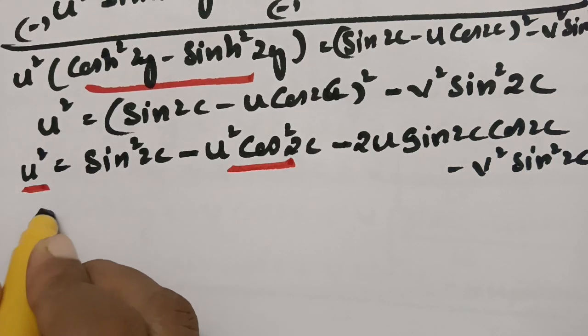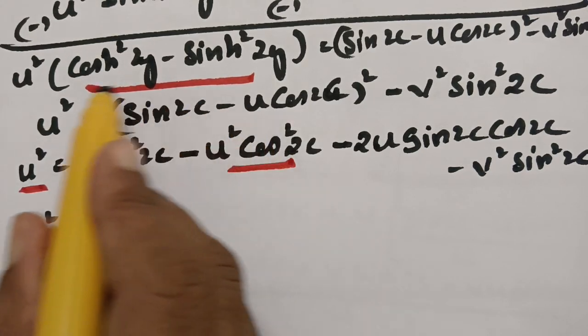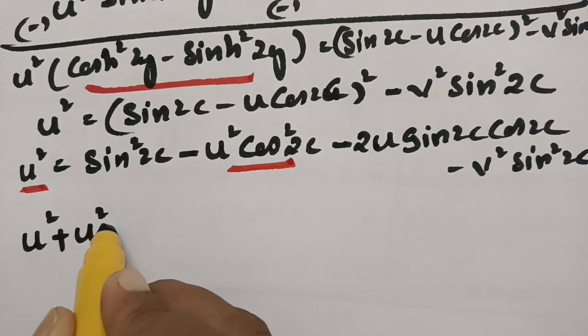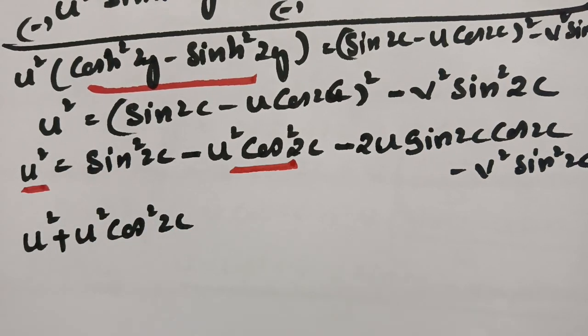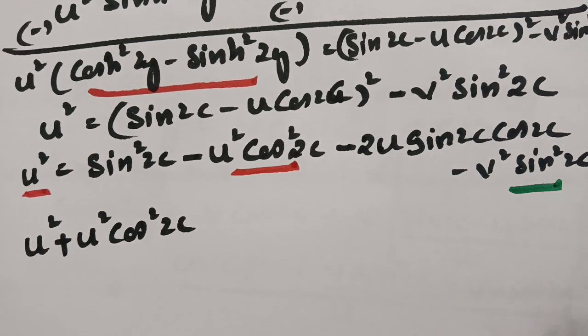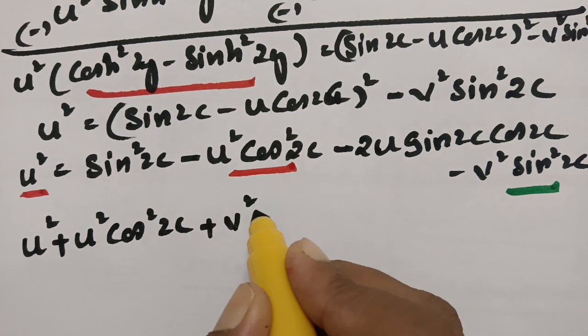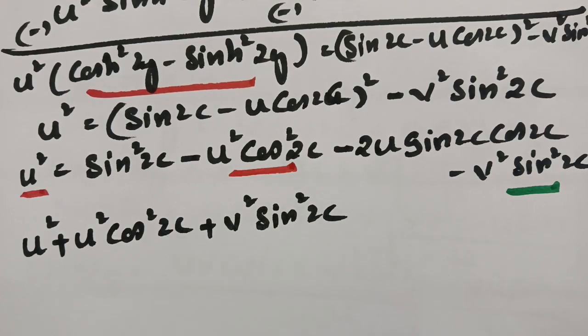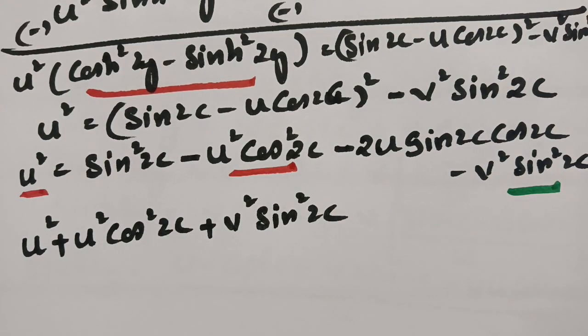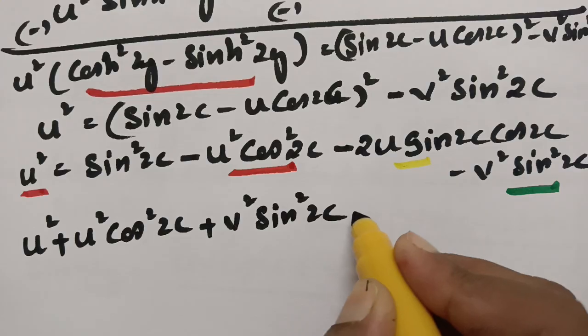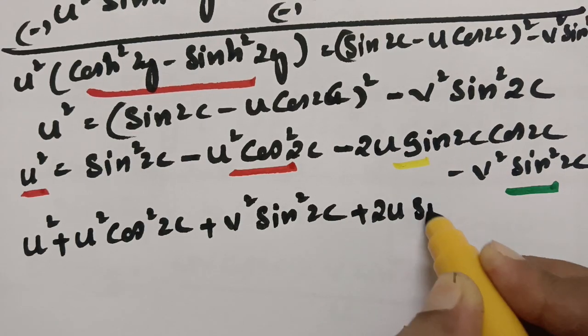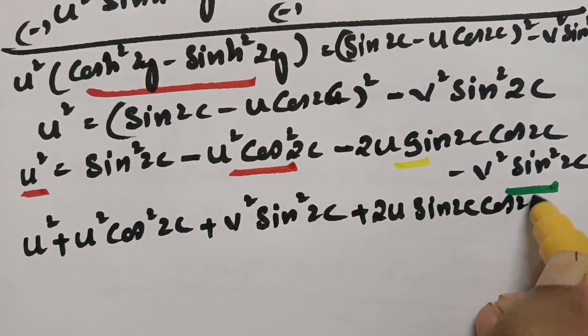If I bring the terms to the other side, this will be plus u square cos square 2c, plus v square sine square 2c, and plus 2au sine 2c cos 2c.